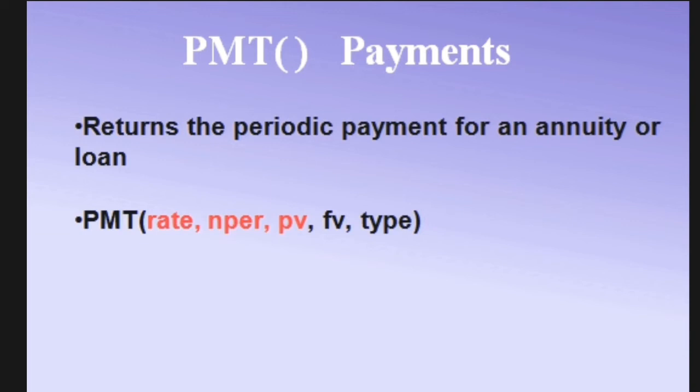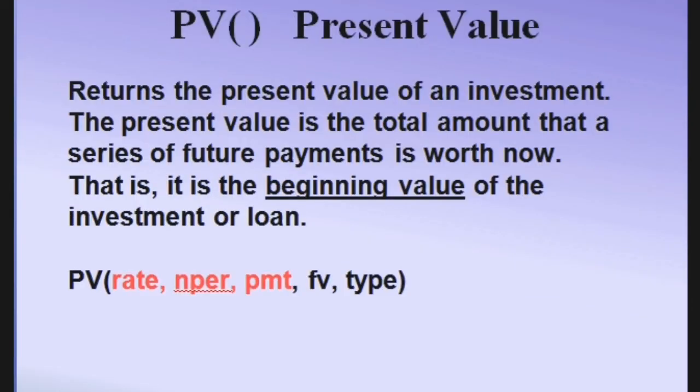PV function means present value. This function will return the present value of an investment. The present value is the total amount that a series of future payments is worth now. That is, it is the beginning value of the investment, or we can say loan.